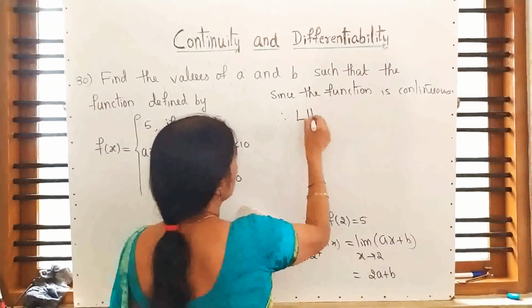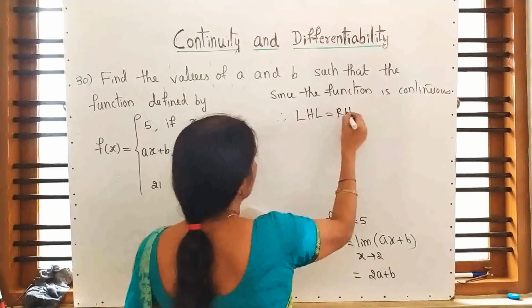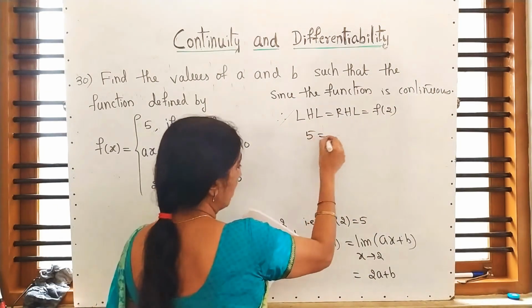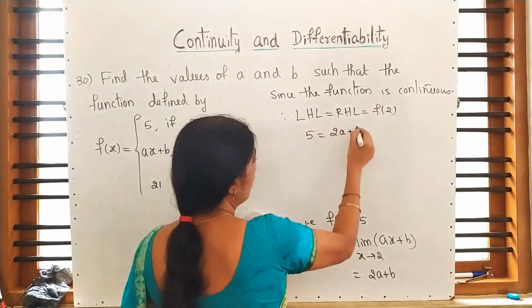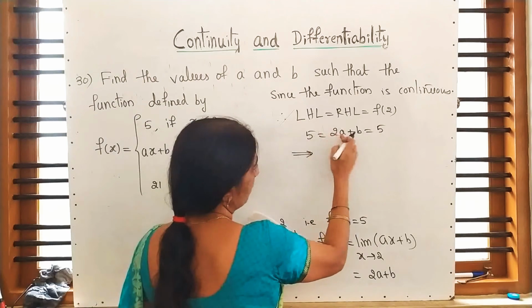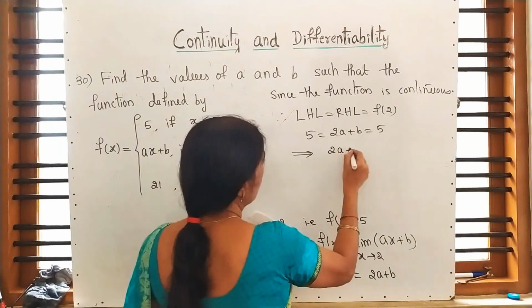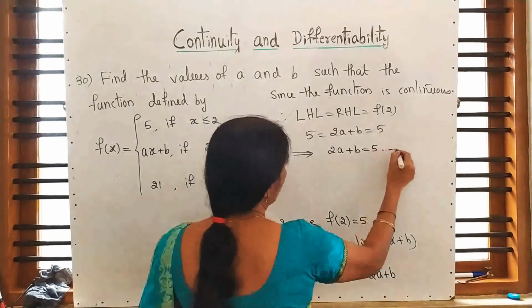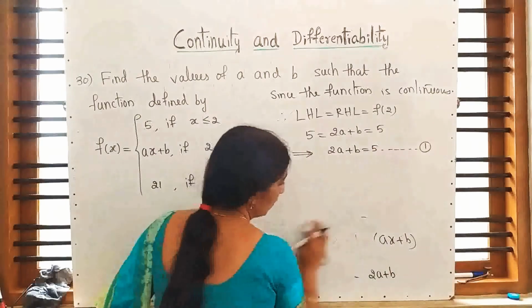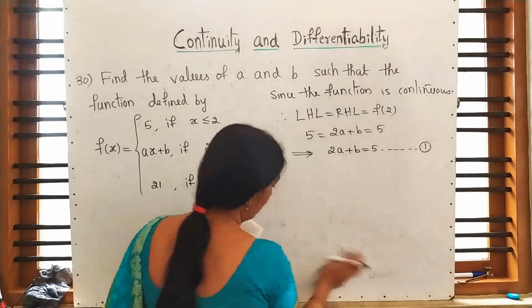Therefore, LHL is equal to RHL is equal to f of 2. What is LHL? 5. RHL is 2a plus b, and f of 2 is also 5. This implies, either take first and second or second and third, 2a plus b is equal to 5. This is equation 1.